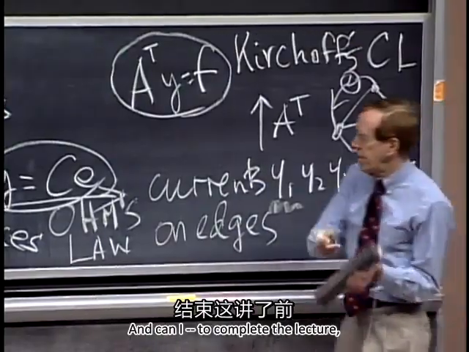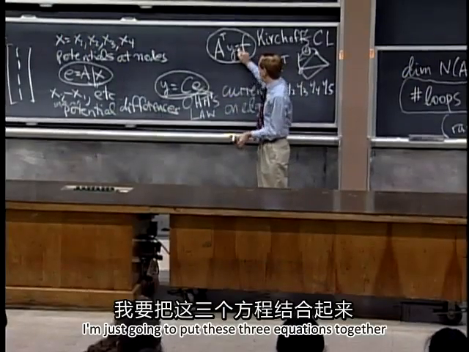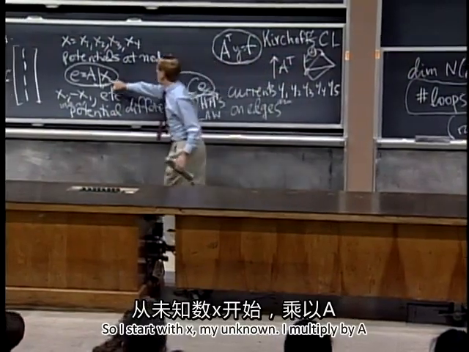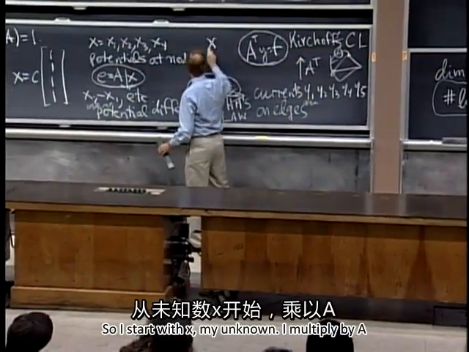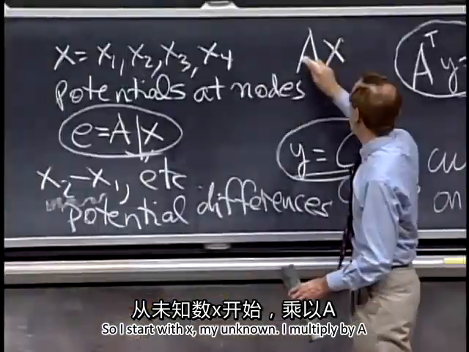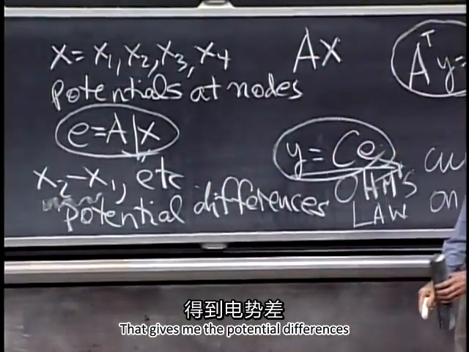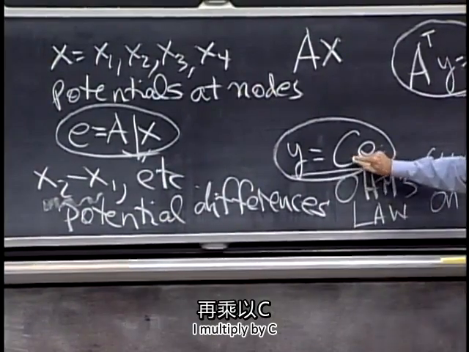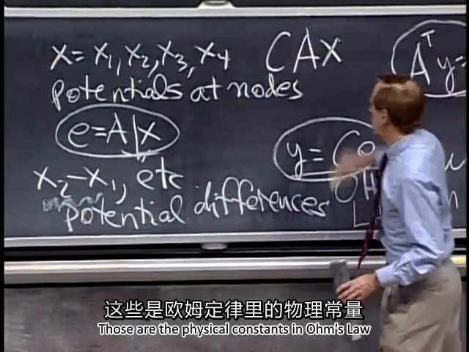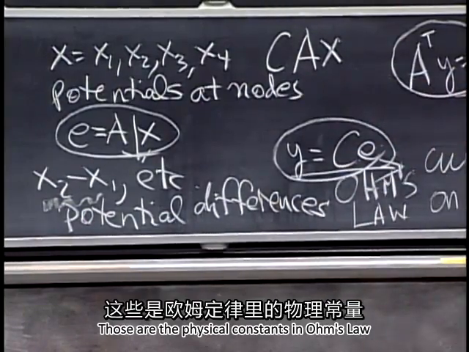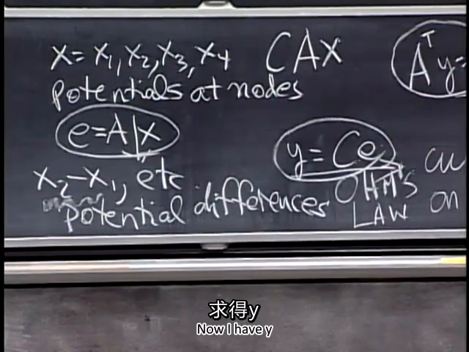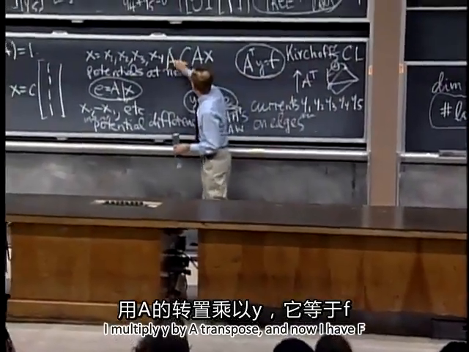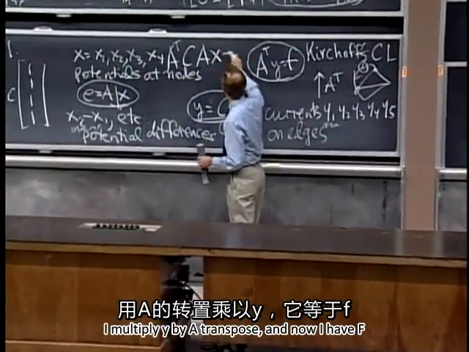And to complete the lecture, I'm just going to put these three equations together. So I start with x, my unknown. I multiply by A. That gives me the potential differences. That was our matrix A that the whole thing started with. I multiply by C. Those are the physical constants in Ohm's law. Now I have y. I multiply y by A transpose. And now I have f.